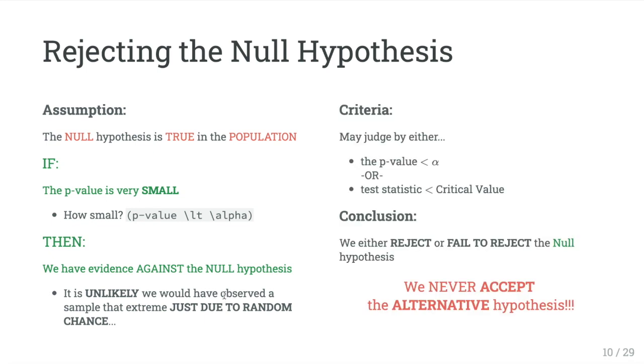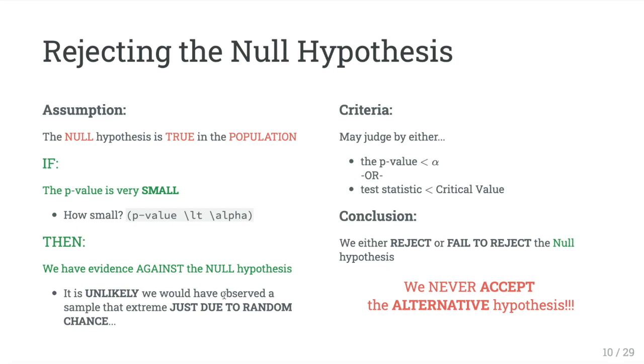Now the criteria, generally what we're going to be doing is the p-value is less than alpha. But it gives you the same conclusion if you look at the test statistic compared to some critical value. Now the conclusion, regardless of using the p-value or the test statistic, is we either reject or fail to reject the null hypothesis.